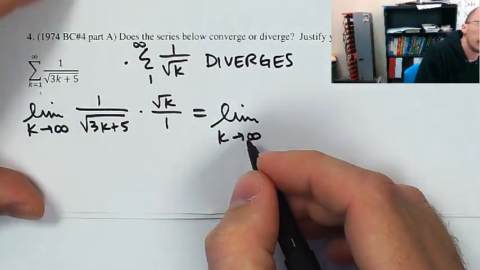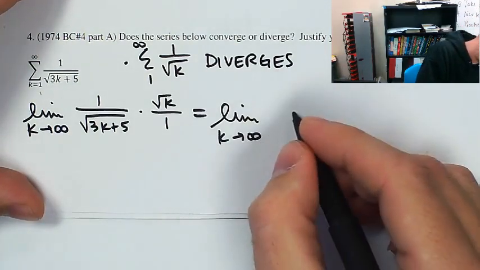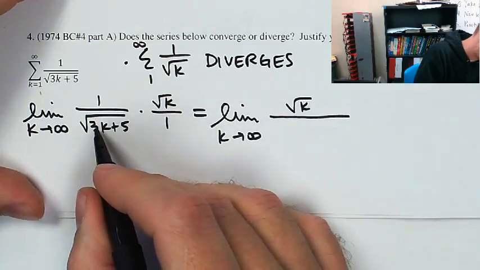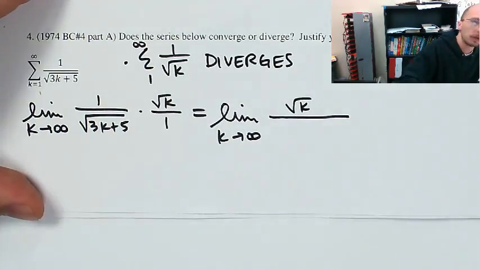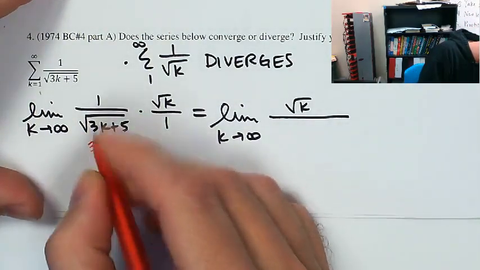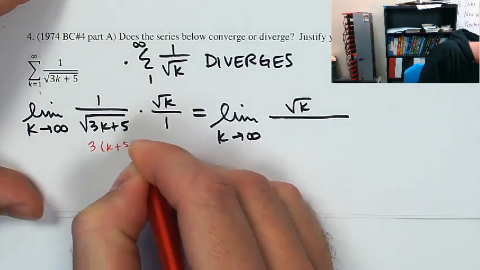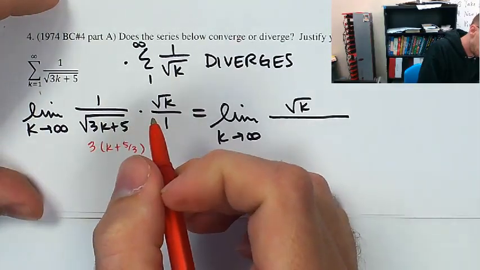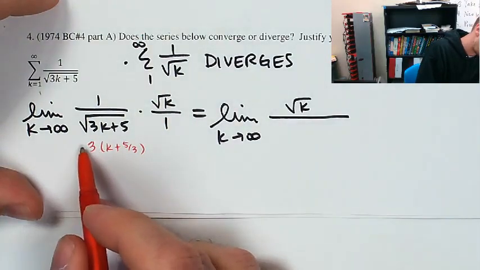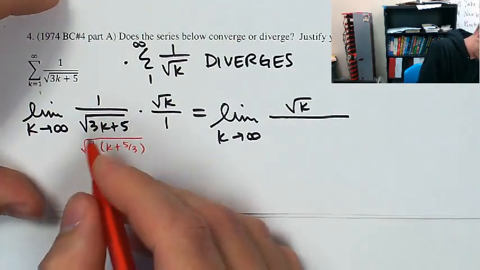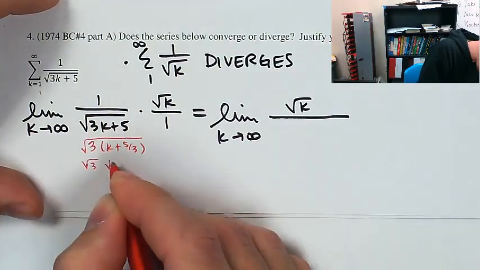The limit as k approaches infinity of, all right, so I'm leaving that there. Well, I'm going to combine it into one fraction, but I'm going to factor out a 3 here. So I'm going to say that this is 3 times k plus 5/3. If I'm taking the square root of the product, I can write that as the product of the square roots.